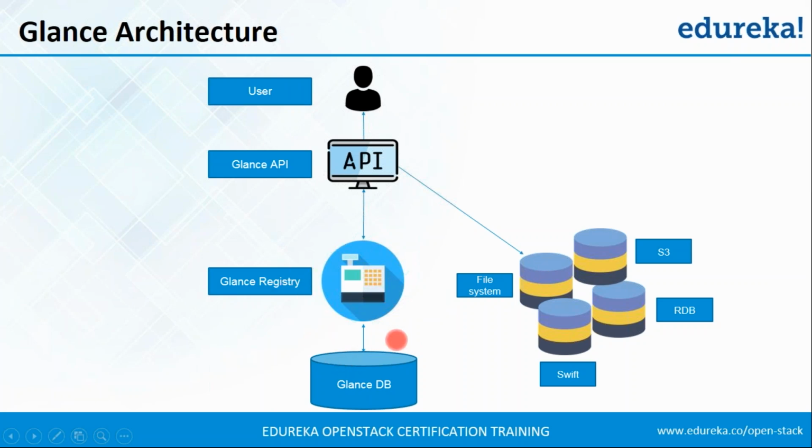The Glance registry will contain each entry of images that you have added into the Glance architecture. The metadata will be stored in the Glance database. The images will be stored in Swift, S3, and different file systems. And from there, if you want to launch images, you can launch them using Glance. This is just a very simple layout of the Glance architecture. So any questions on that?